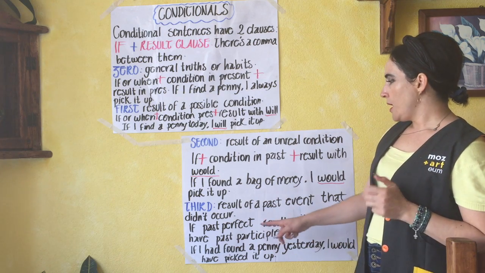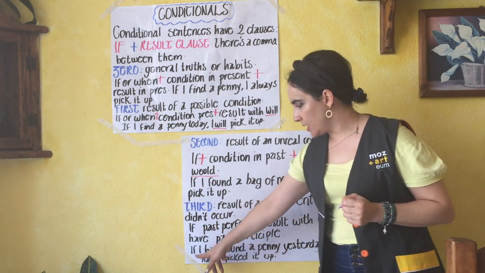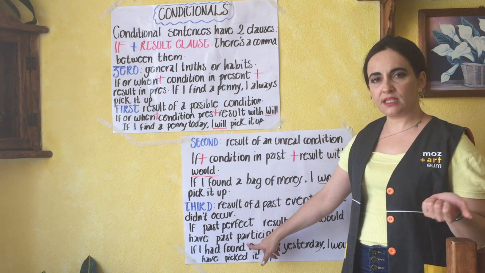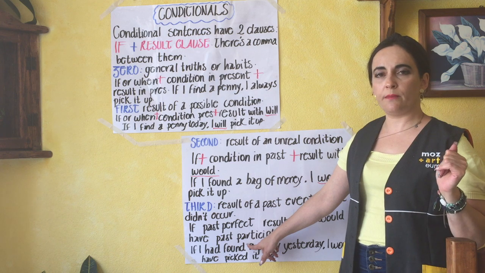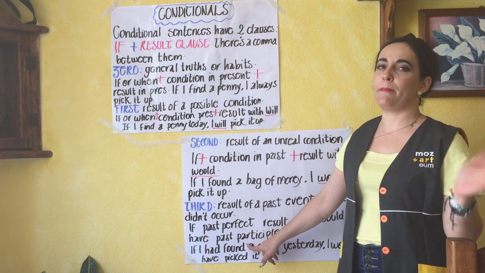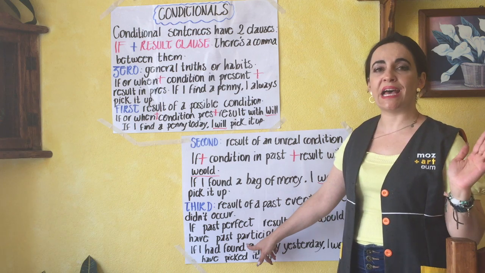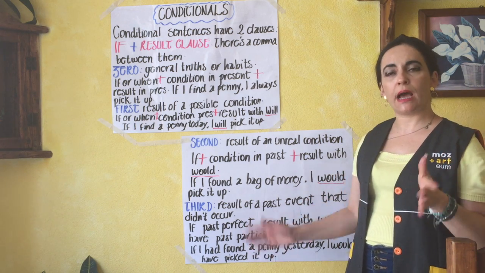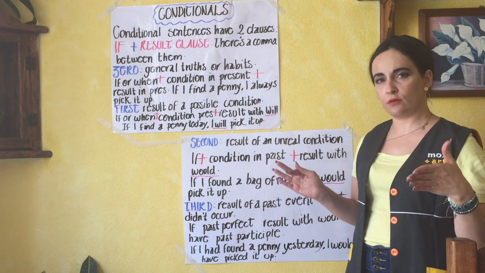Okay. If, here's the example, if plus past perfect. Remember that past perfect is formed with the verb have, but in the past tense, so it has to be had with a D, and then the past participle. That's how the past perfect is formed.